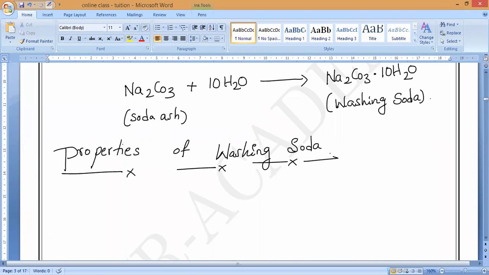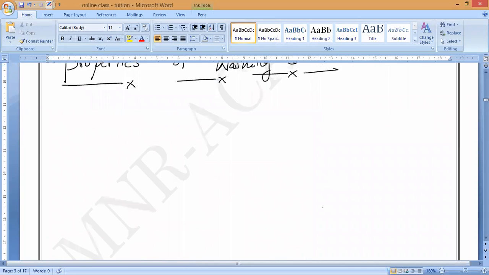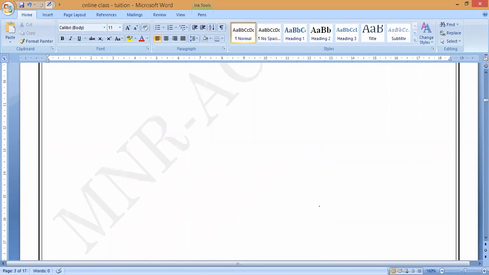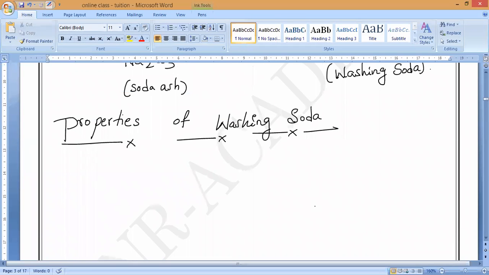Understand? Now, let me see who will say the first property. It contains water, so we can say washing soda is a transparent crystalline solid. What is the first one? It is transparent.